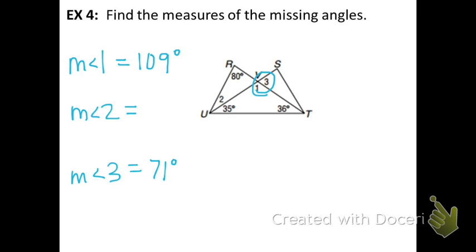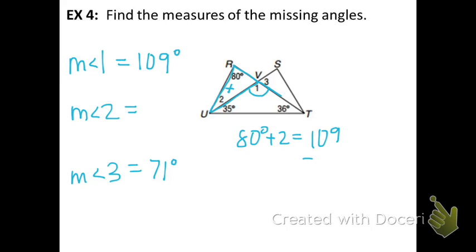Now the last one to find is angle 2. Again, I have this triangle here and an exterior angle with 1, so I can see that 80 plus 2 will equal 1, which I found to be 109.